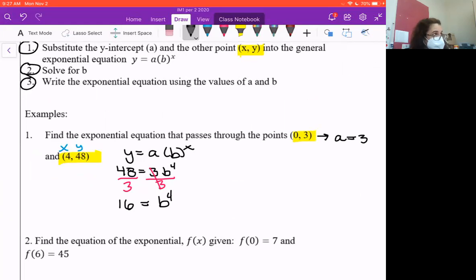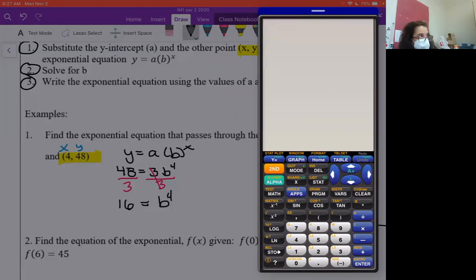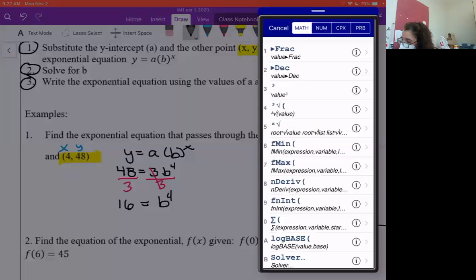So on your calculator, you need to know where your root button is. For example, on this calculator, my root button is located under the button that says math right there. You'll notice that choice 4 has the third root, because that's the second most common root.